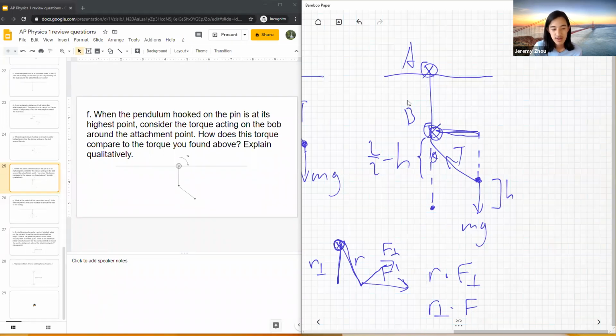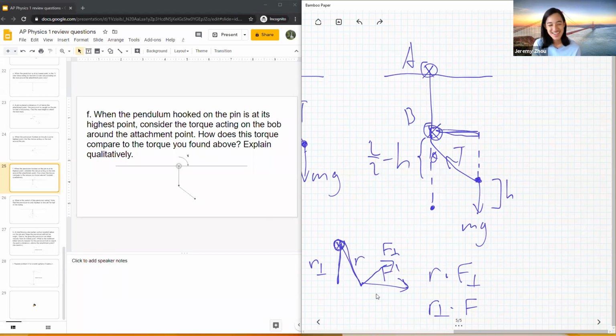Same. It depends on L. The cross product.